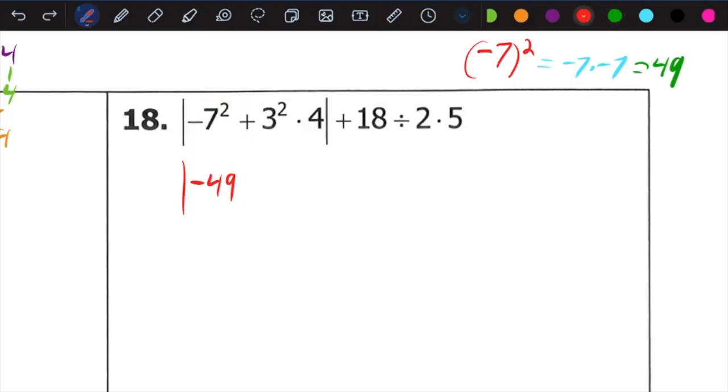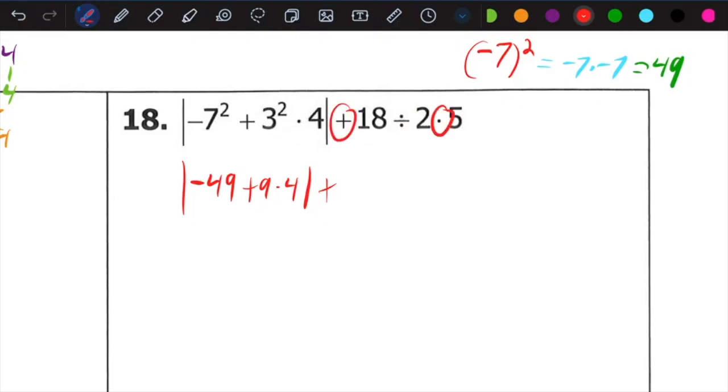So with that being said, we're going to continue on. 3 squared is 9 times 4. Now, we have this plus sign, and we can actually go ahead and do this division. Here's why we can do the division, even though we're not done with this grouping symbol yet. The operations next to division are multiplication and addition.